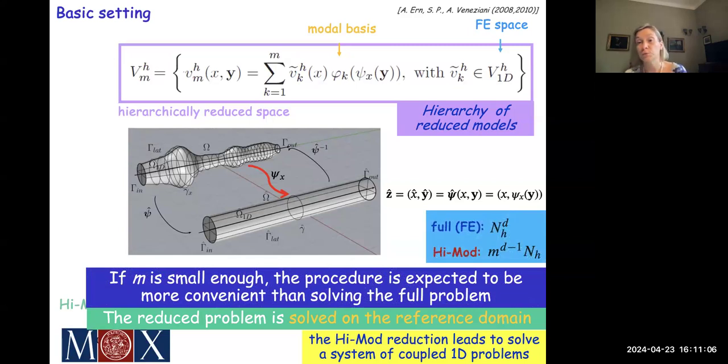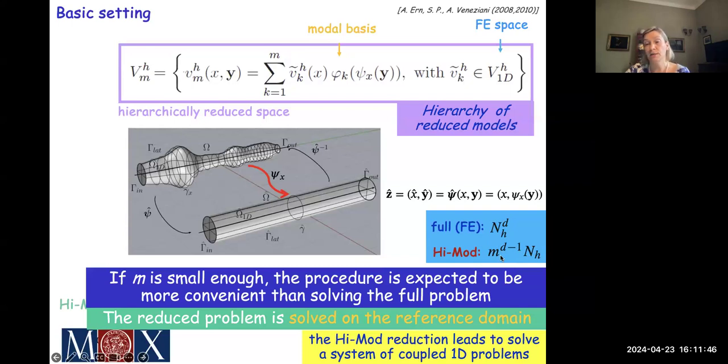Just to make easy computations, if, for instance, you assume to solve your full problem with finite elements on a d-dimensional simplex, and you adopt n_h degrees of freedom along each dimension, this means that the number of degrees of freedom associated with the full approximation is equal to n_h to the power d, while we keep the same number of degrees of freedom along the mainstream for the hi-mod. So you have n_h, but n_h to the power d minus 1 is replaced in the hi-mod representation by the modal index m.